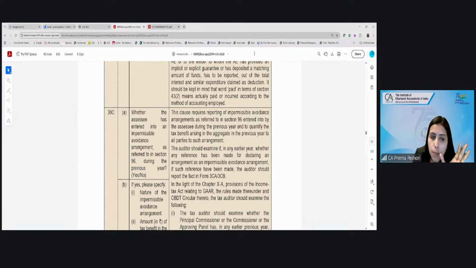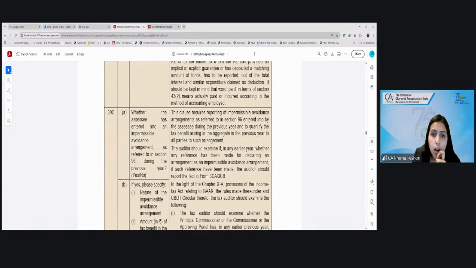So that is the impermissible avoidance arrangement. Here, what they are trying to ask the tax auditor is to identify whether there is any impermissible avoidance arrangement taking place.